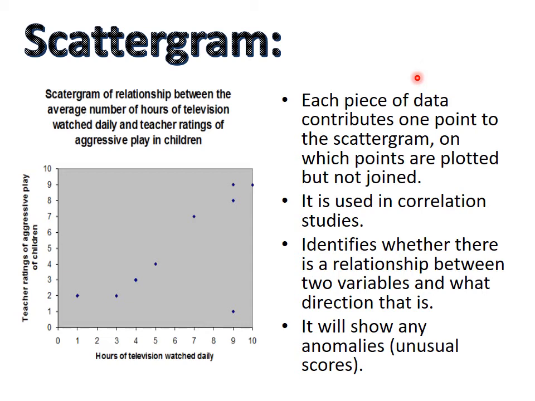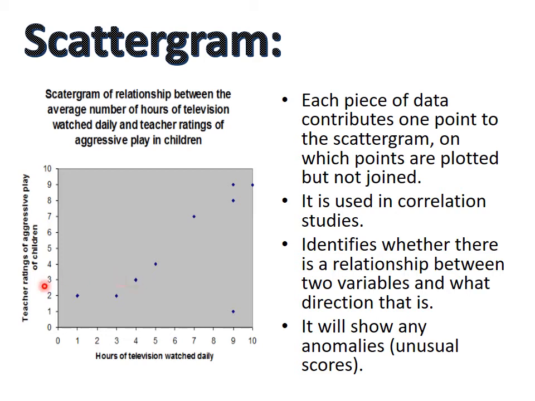Scattergrams you should all be familiar with from when we did correlations, because scattergrams show correlations. They show a relationship between 2 variables. On one axis you have one variable, on the other axis you have another variable, and each plot represents one data point.